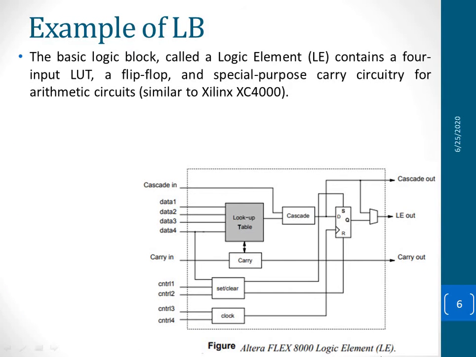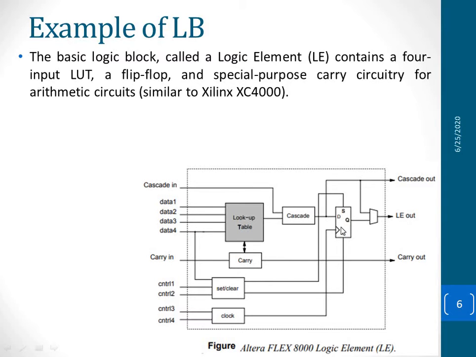And this is one more example of a logic block, the Altera Flex 8000 logic element. The basic logic block, called a logic element, contains a 4-input lookup table, as you have seen before. So it implements a 4 variable function. It also has a single flip-flop.